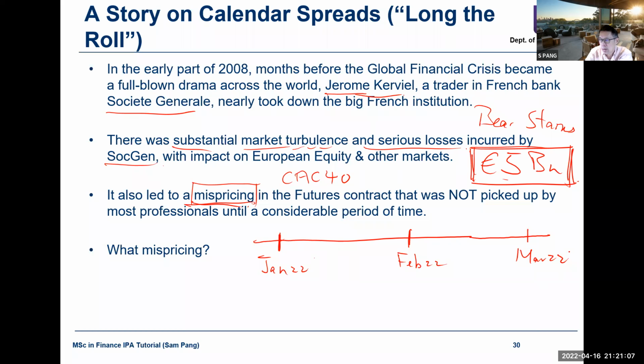Now, the CAC 40 has 40 stocks in there, right? And as it happened, the only company that was scheduled to pay a dividend between February and March was SocGen, the bank.